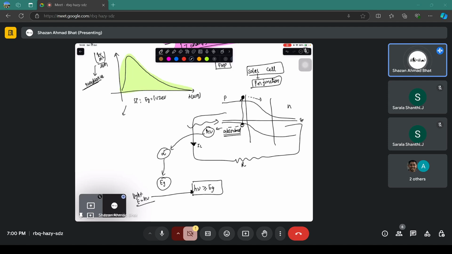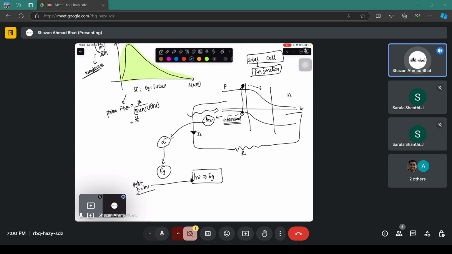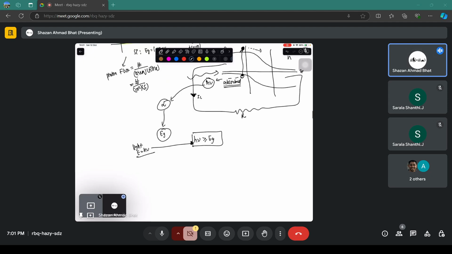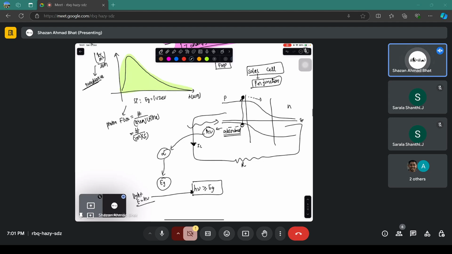If you want to count the number of photons, which is the photon flux, it is the number of photons irradiating per unit area per unit time. So this is the flux, that means the number per unit area, let's say per meter square per second. If you want to count this photon flux at a particular wavelength, let's say this is 0.5 micrometer.